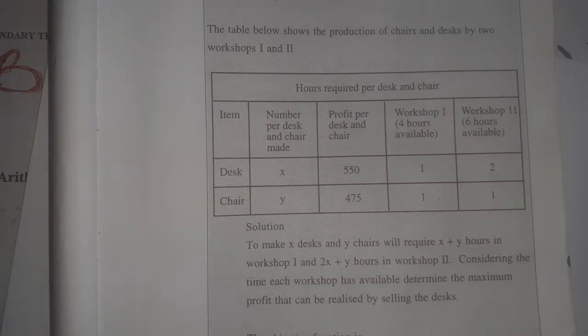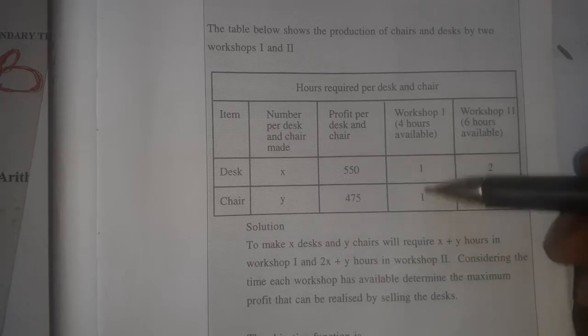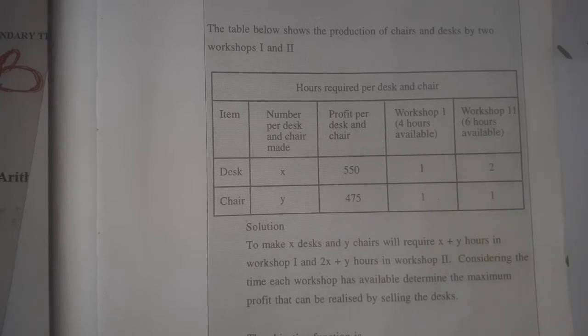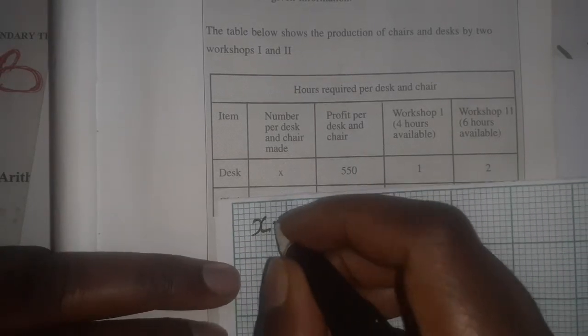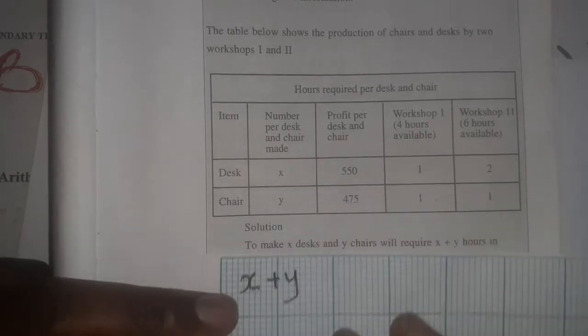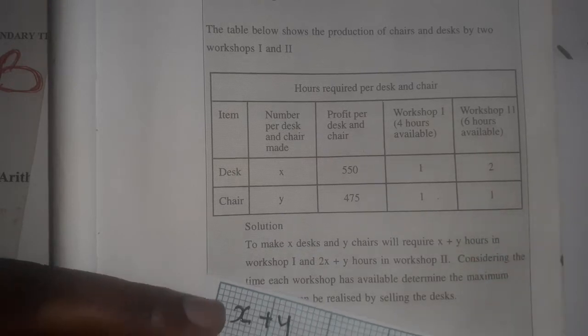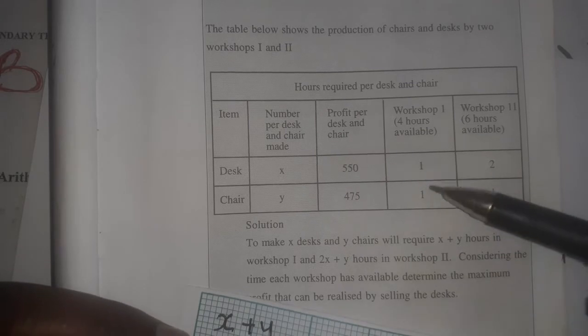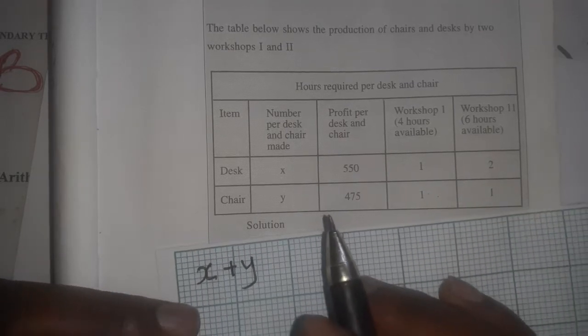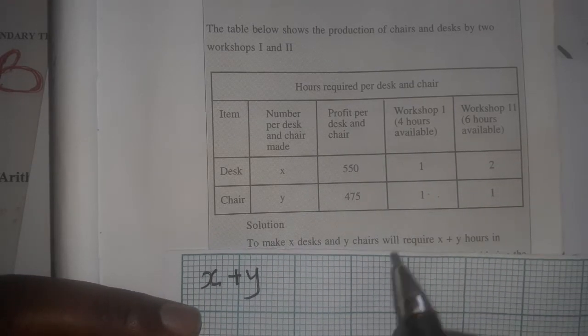So now what we are supposed to do in this case is that we need to write this one here as an inequality. So we are going to say X plus Y, because we have 1 hour of each there. 1 hour is required there. Then the total number of hours that are available for workshop 1.